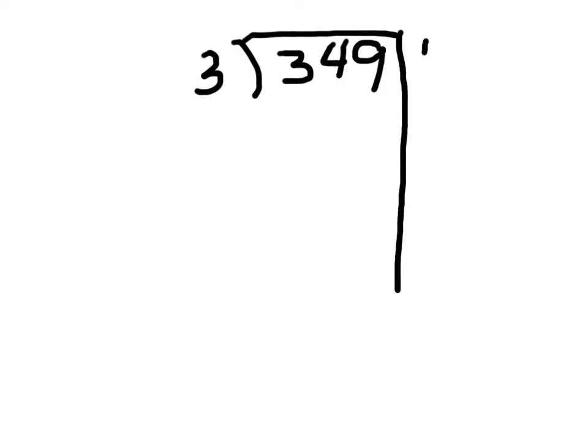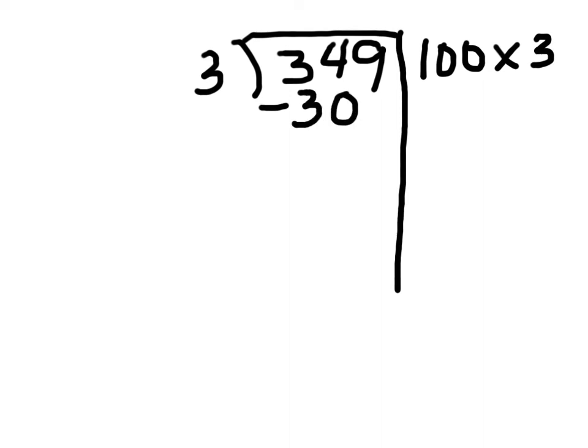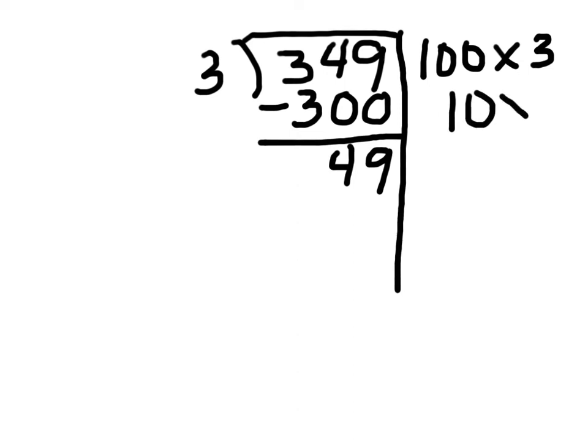I'm going to start by using the absolute simplest multiplier I can for subtracting 3 from 349. And I know that if I take 100 3's, 100 groups of 3 out of 349, I am going to be subtracting a total of 300, which is going to leave me 49. Now, how many 3's can I get out of 49? Well, I could use 10 3's, and I know that 10 3's is a really simple multiplication problem.